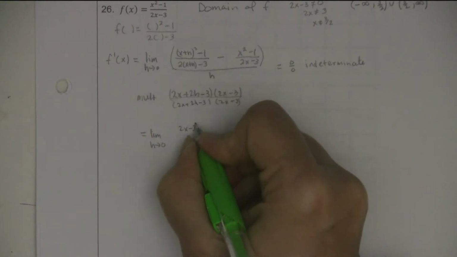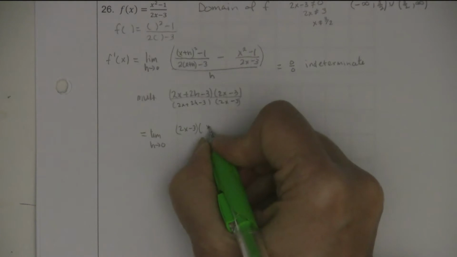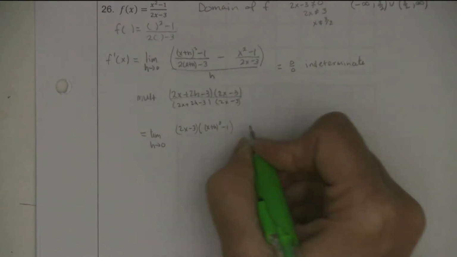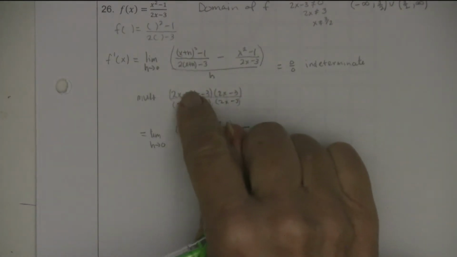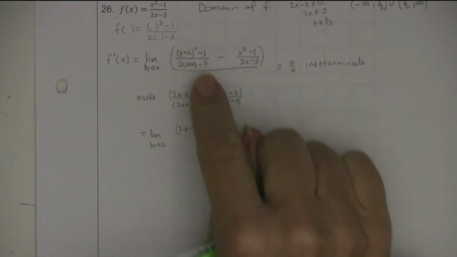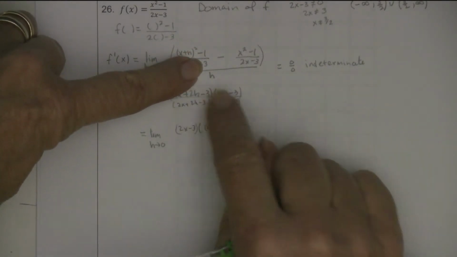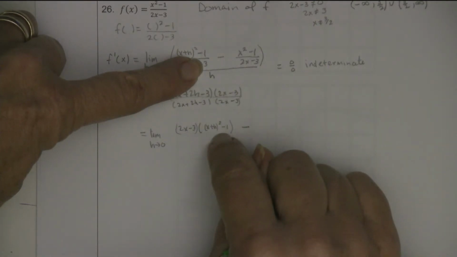2x minus 3 was left over, and x plus h squared minus 1 minus, so I distributed this to that. This and this canceled out and left this piece, and that piece.